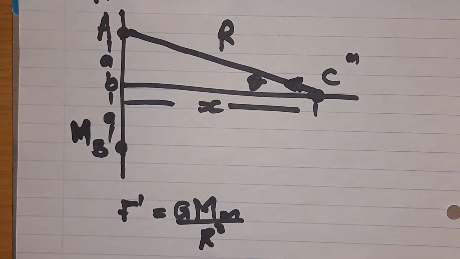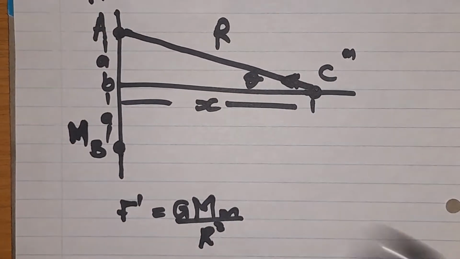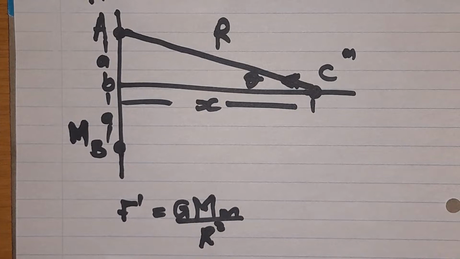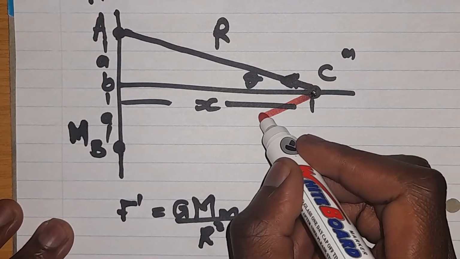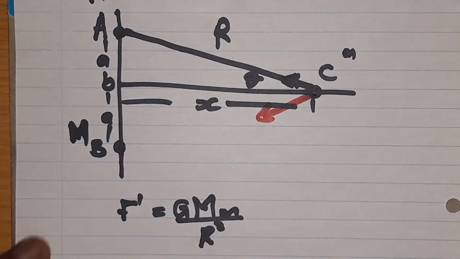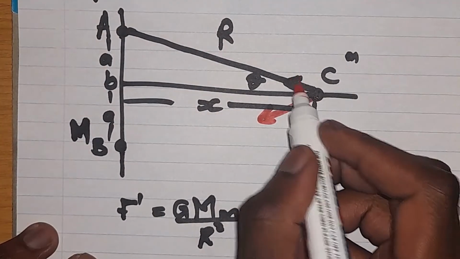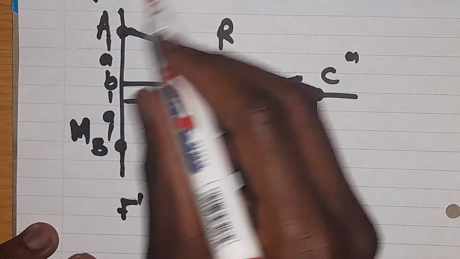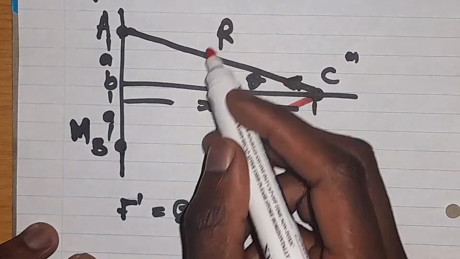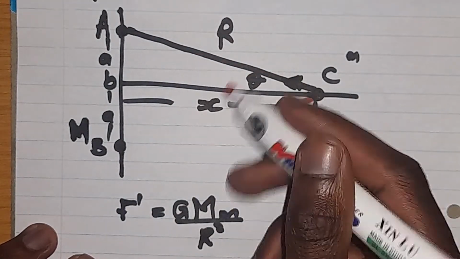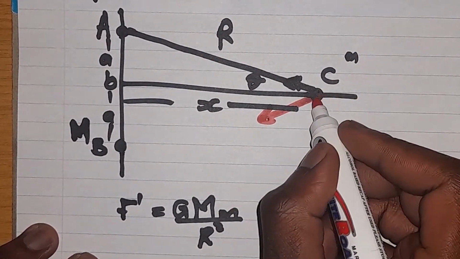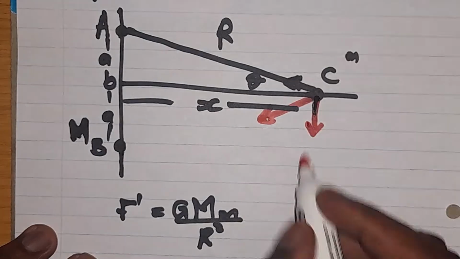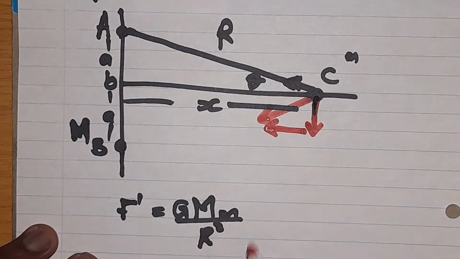But in reality, C will also experience a force which goes this way, a force due to P. This force and that force will be equal because they are placed at the same distance from C. But if you check closely, we have this component which goes down here and this component that goes there.